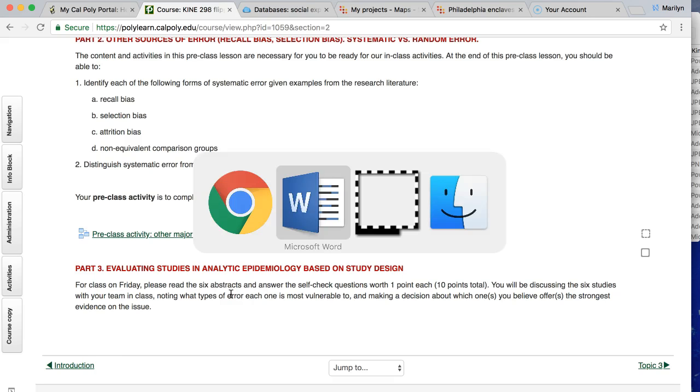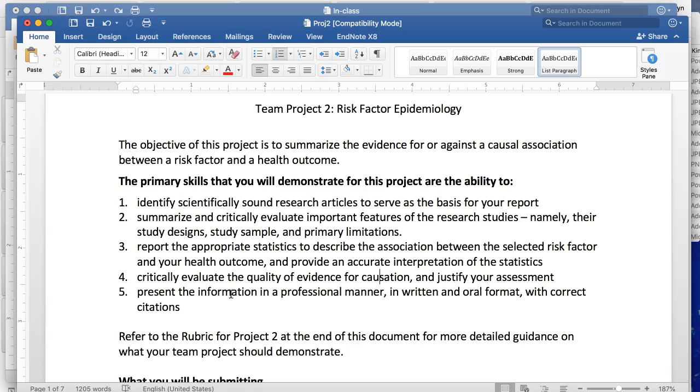And ultimately, this should prepare them to work on their final project, which will look something like this, where they have a research topic and they're summarizing the evidence for or against a causal association between a given risk factor and a health outcome.